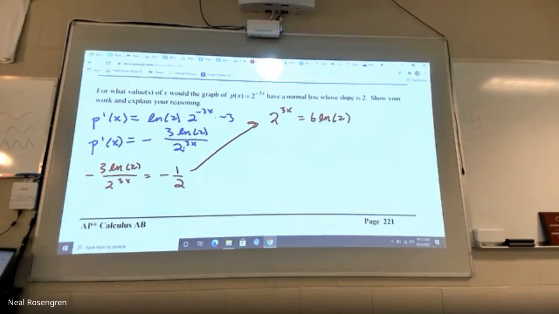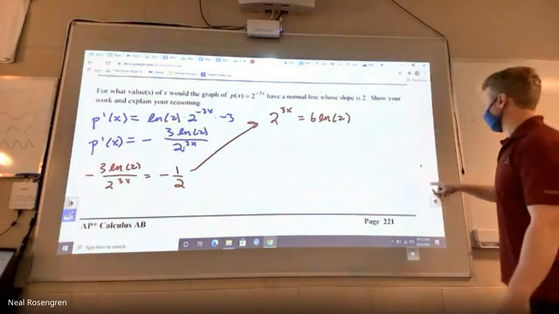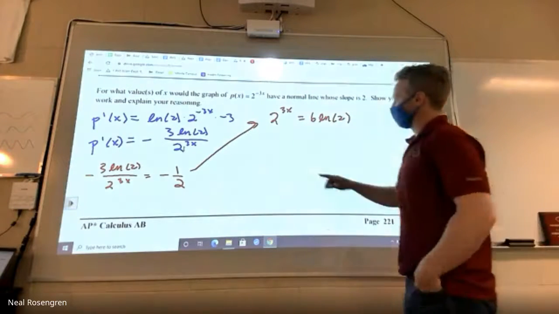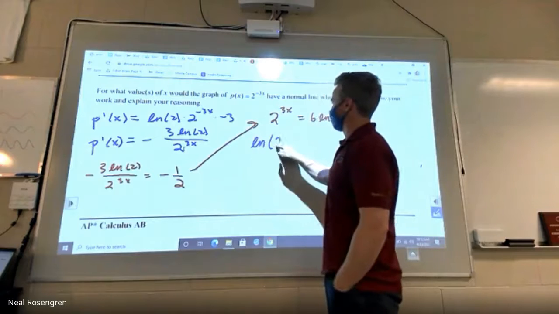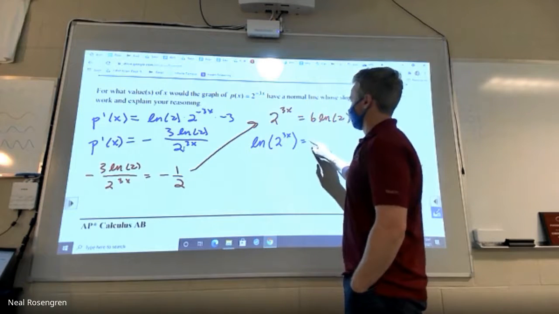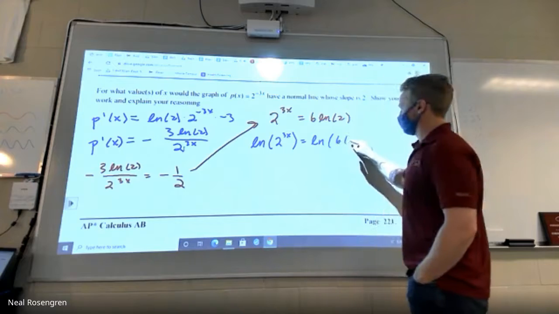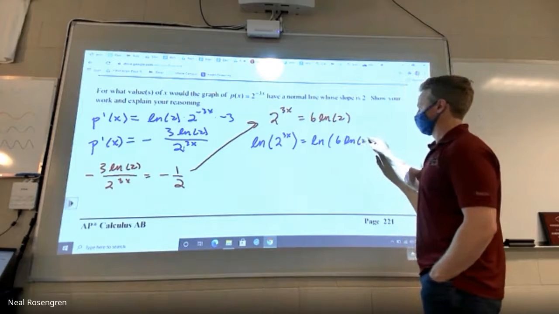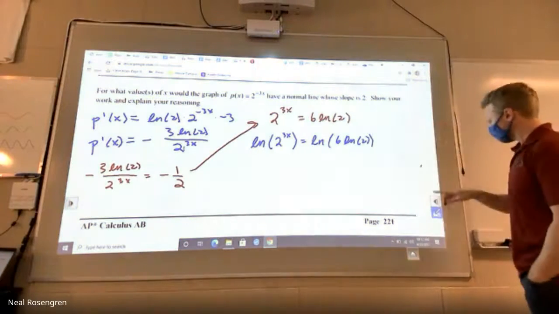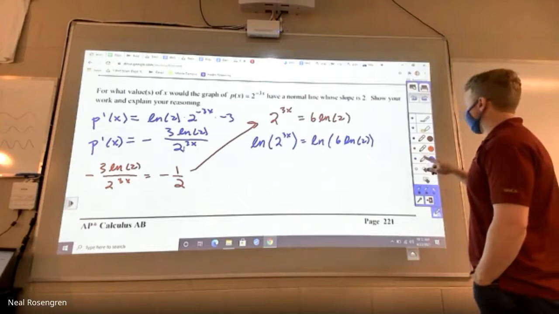Let's try that. Let's take the natural log of both sides. So I'm going to do ln of 2 to the 3x and ln of 6 ln of 2. Why do that?